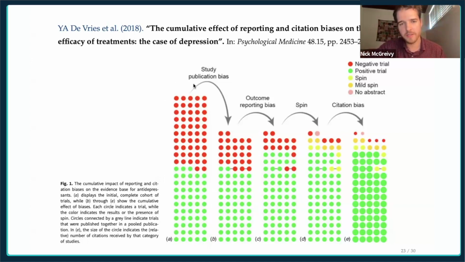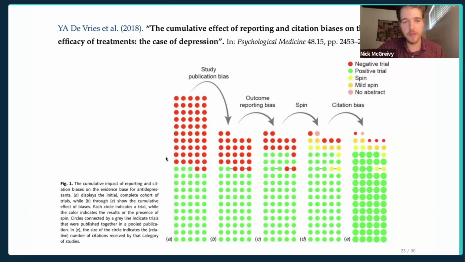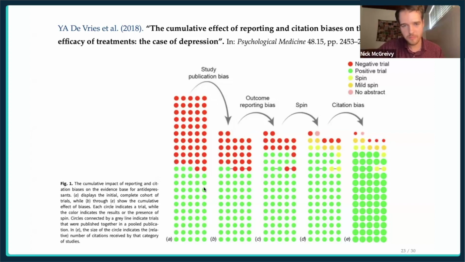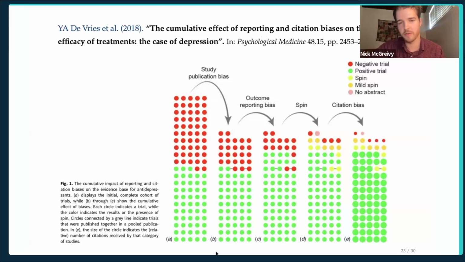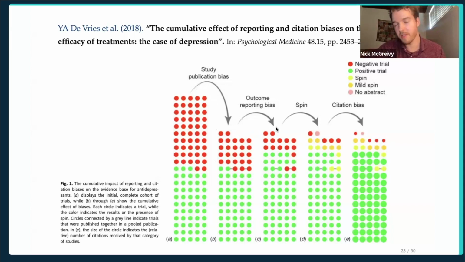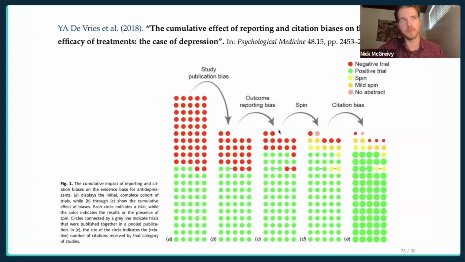So what happens is that of the trials that do not achieve statistical significance, half of those results are not published in the scientific literature, but almost all of the studies with positive results are published. Then of the negative results that are published, half will do some sort of outcome reporting bias, which is usually basically p-hacking, where instead of reporting the outcome for the sample that they studied, they'll look at some subset of the sample.